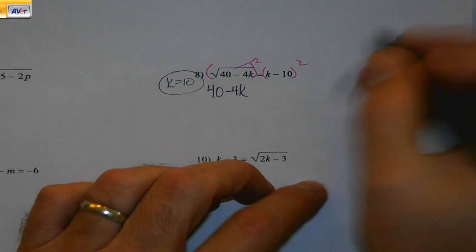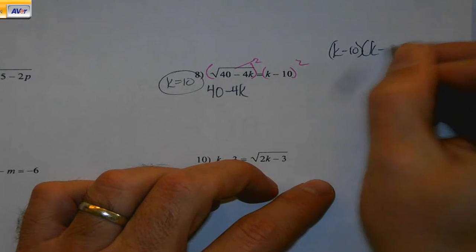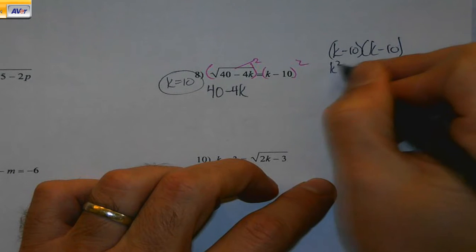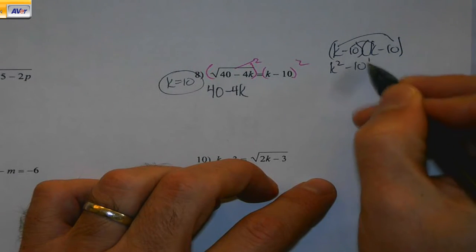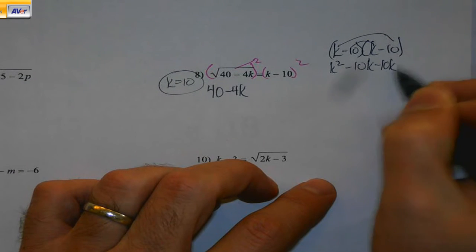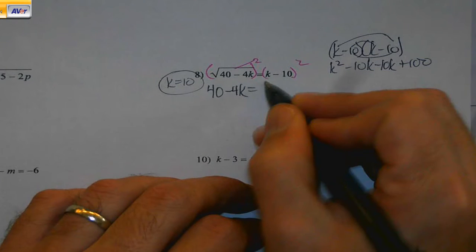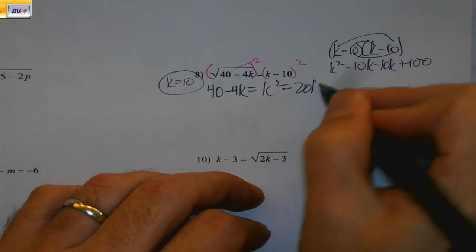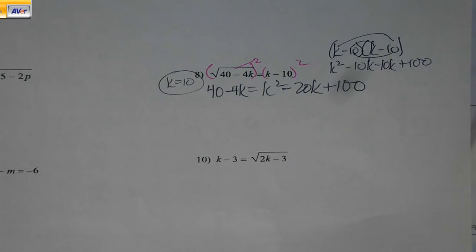If you've got to go over to the side and FOIL or box this out, do that. Because you are going to get k squared, but you're also going to get a middle term. So it's not just k squared plus 100. It's k squared minus 20k plus 100.